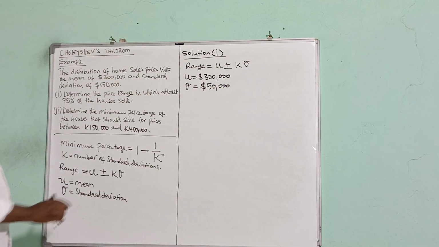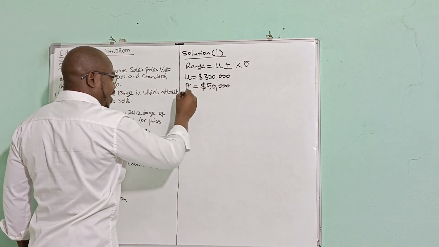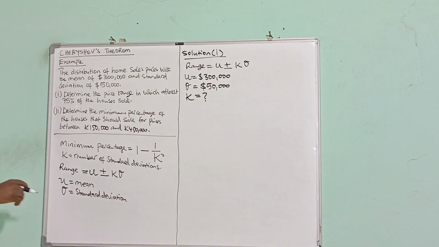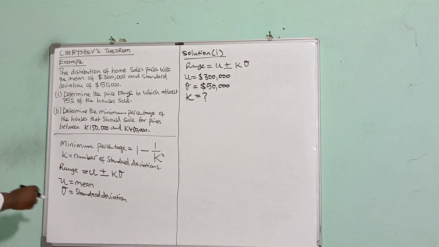We want the range, but we cannot calculate it because we need k, which we do not have. I'll put a question mark there. We do not have k, the number of standard deviations.